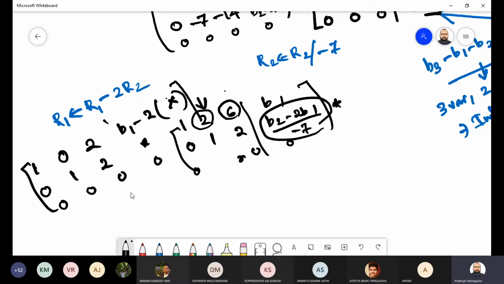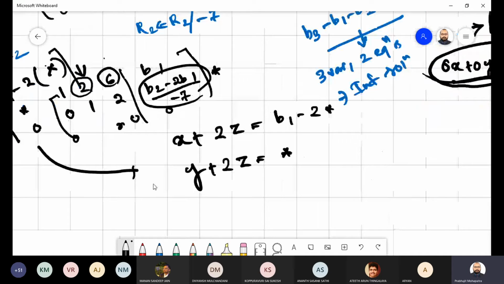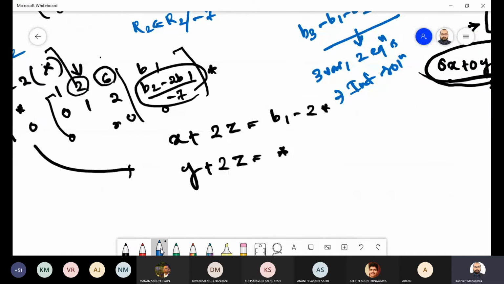So what is the solution now? x plus 2z equals B1 minus 2 star, and y plus 2z is that star. Now, what is the free variable? z is the free variable, so you can take z as some k.